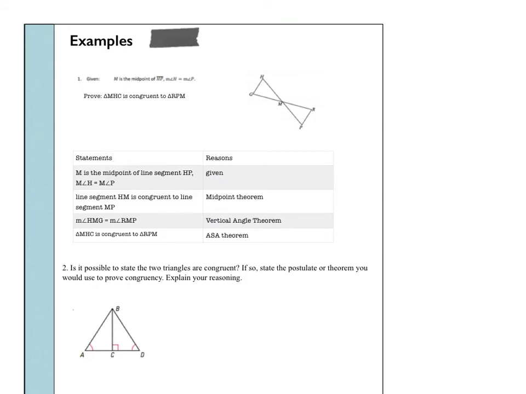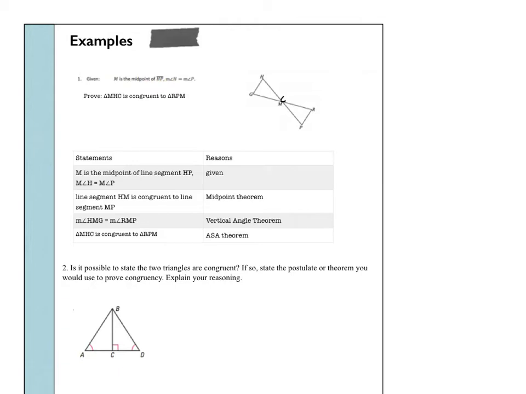This one's a proof example. 1. Given M is the midpoint of line segment HP and the measure of angle H is equal to the measure of angle P. So now what I'm going to do, what Alex showed you to do, is to mark up what you have in your diagram.